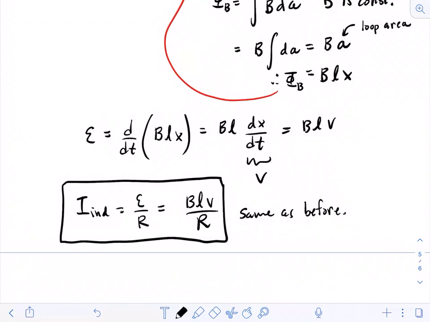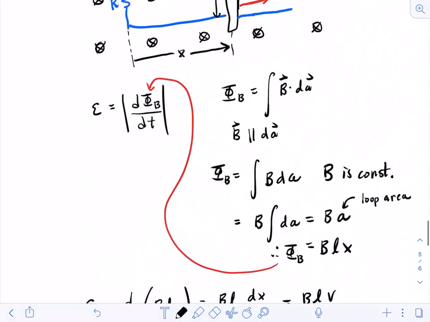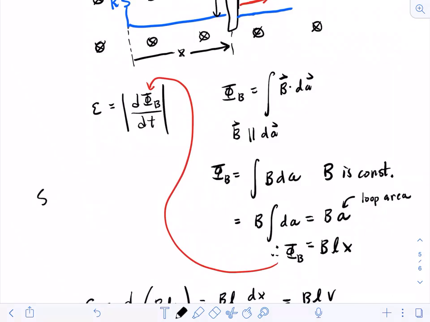Okay, so let's do another example. This example was an example of a changing area.